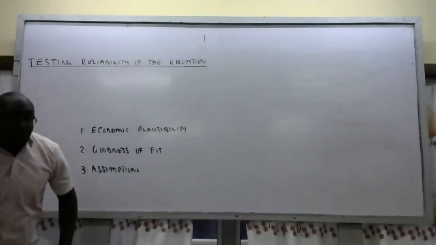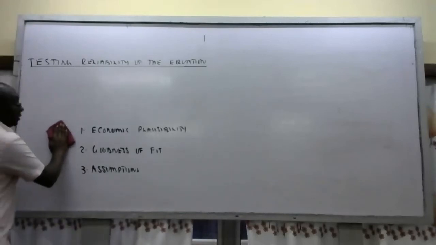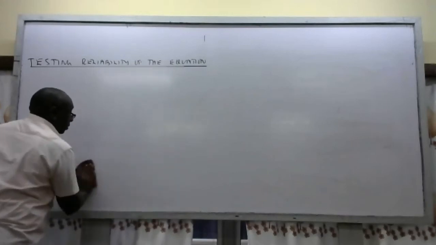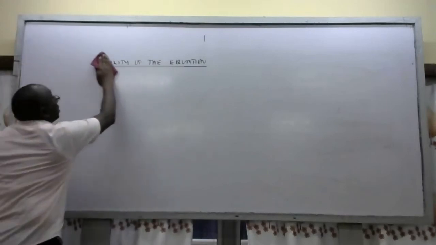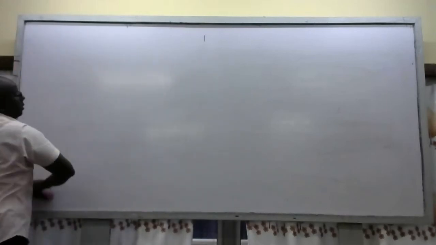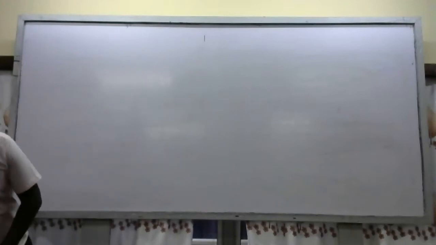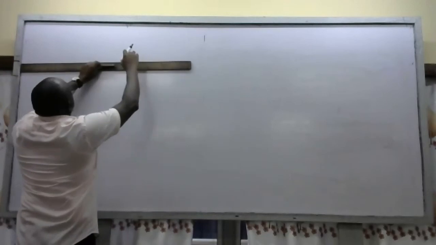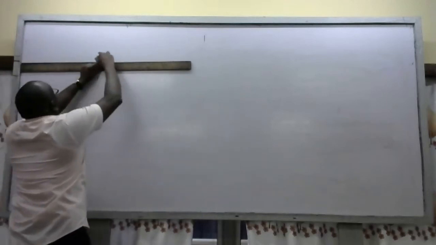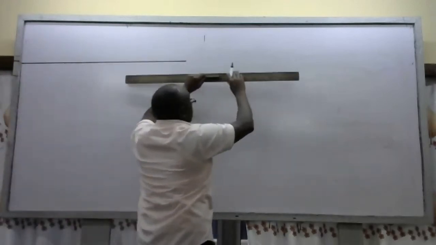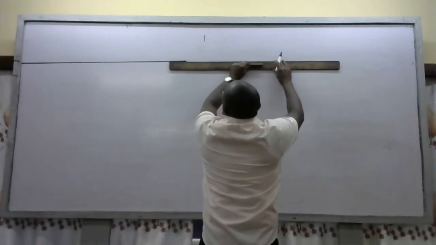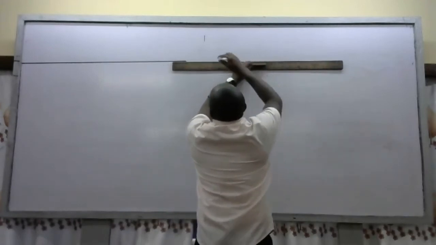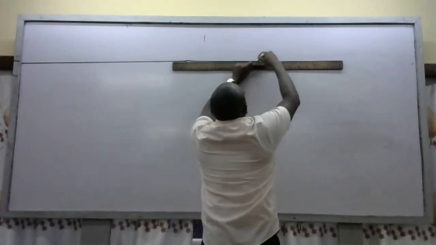Okay, so I want us to have an illustration. The table will have 10 columns.